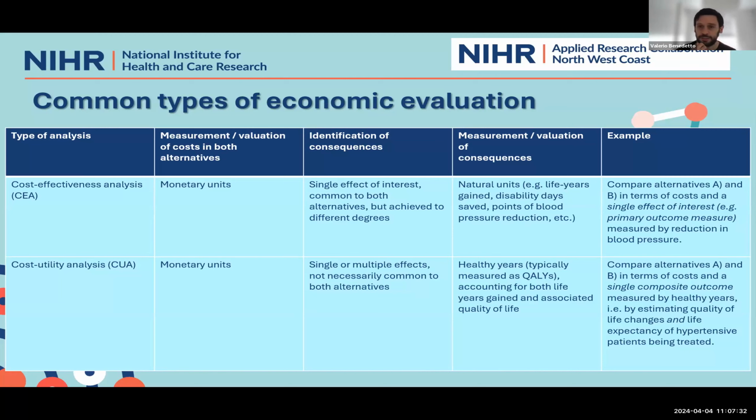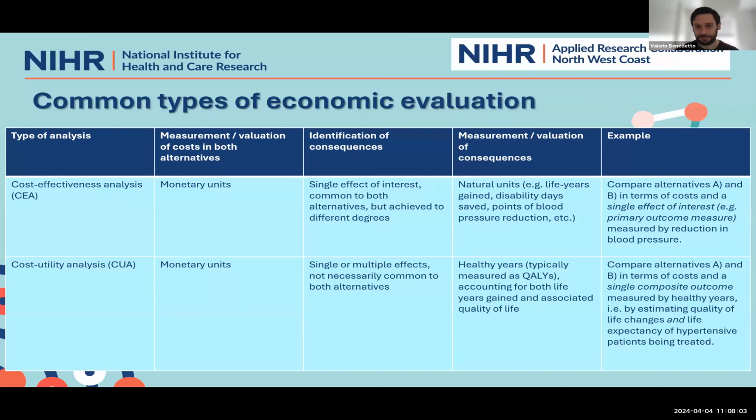Now, you can probably see that talking about healthy years, talking about quality of life, has some relevance to hypertensive people, to people with cancer, and to, for example, stroke survivors, let's say. So this concept of healthy years is common, is applicable to a lot of different health or disease areas.